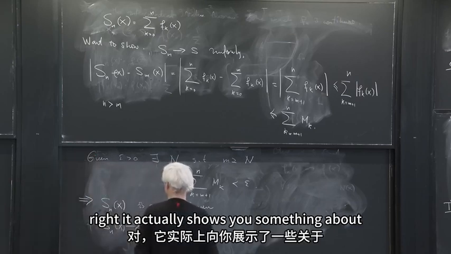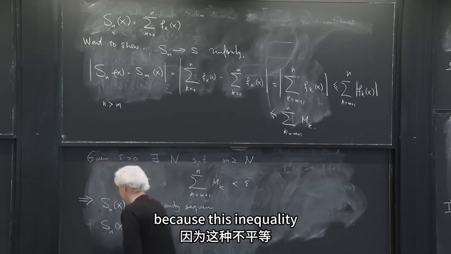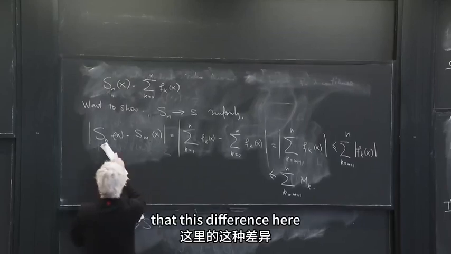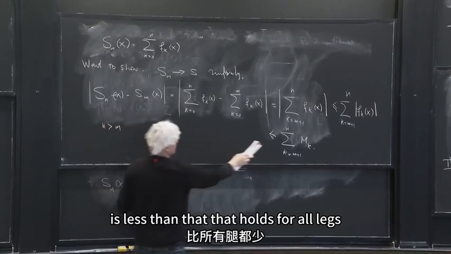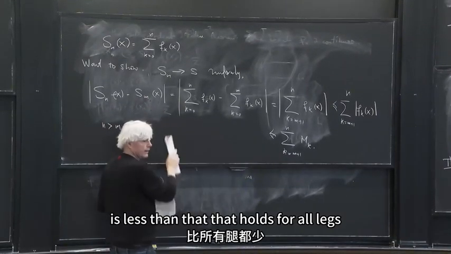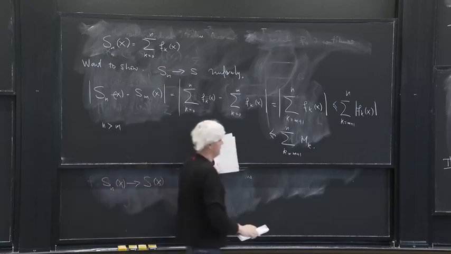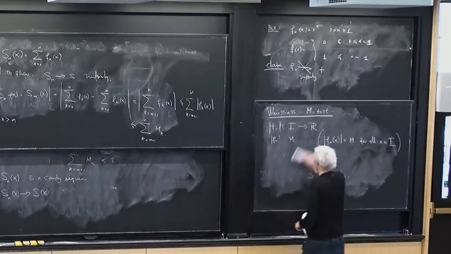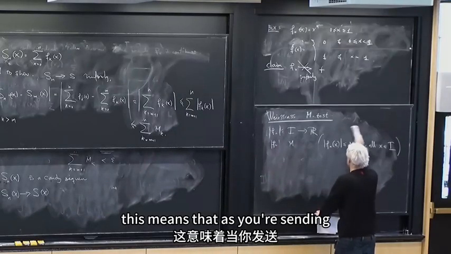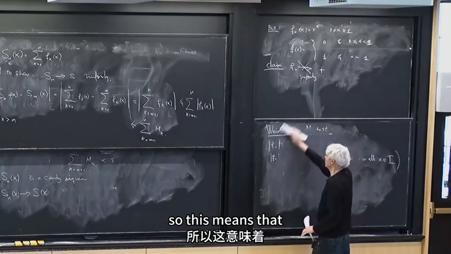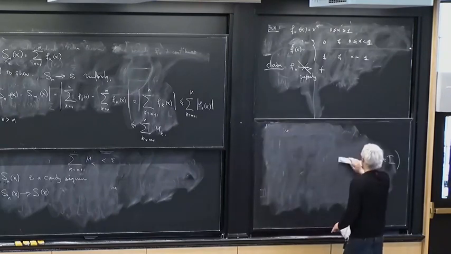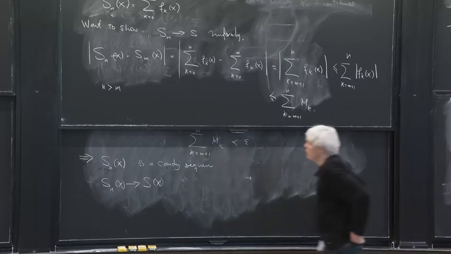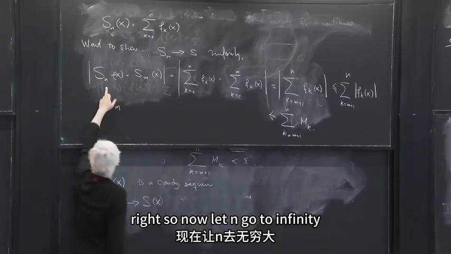Because this inequality shows you that this difference here is less than that, and that holds for all x. So now let n go to infinity.